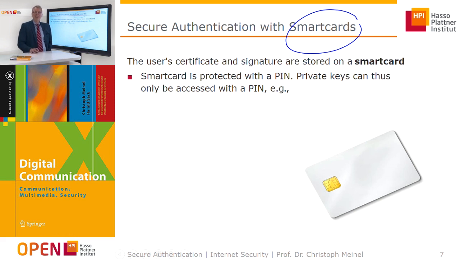So the private key can only be accessed by means of the PIN. So the user of the smart card needs the card and needs to know the PIN. So there are two factors which are needed before the private key can be used.